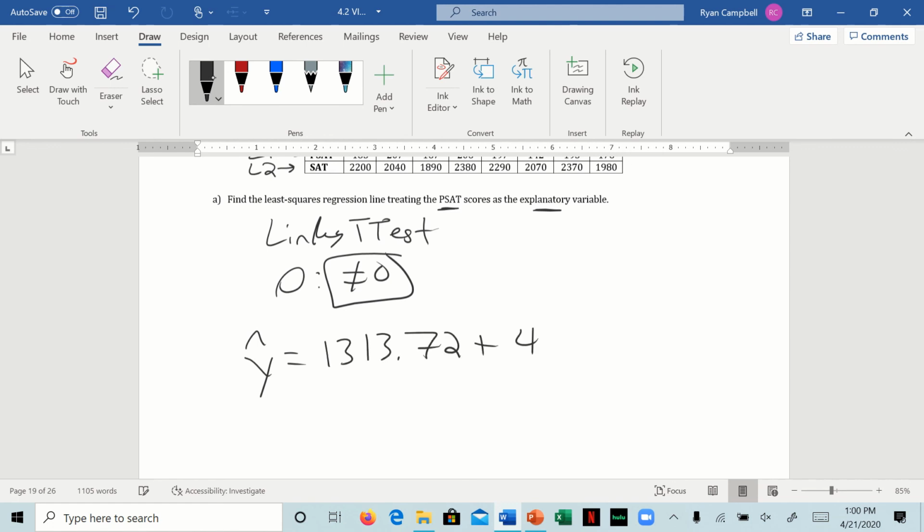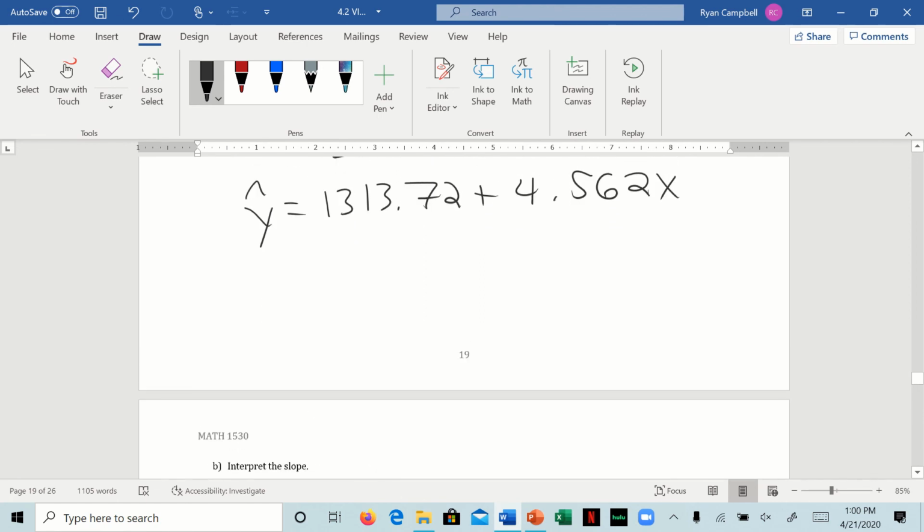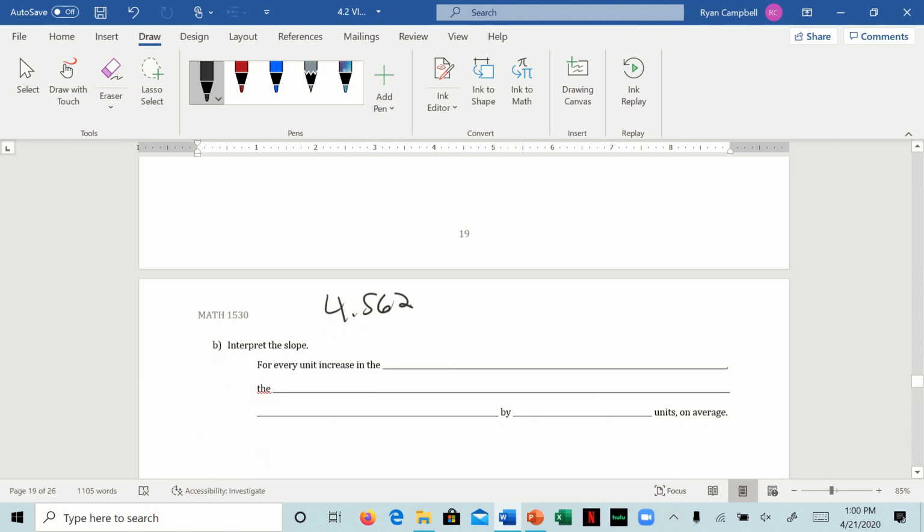So then our linear regression is y hat equals 1313.72 plus 4.562x. So the slope, 4.562. So as the x value increases, we said the x was the PSAT score, so as the PSAT score increases, the SAT score, this is positive, so increase or decrease, it also increases by 4.562.